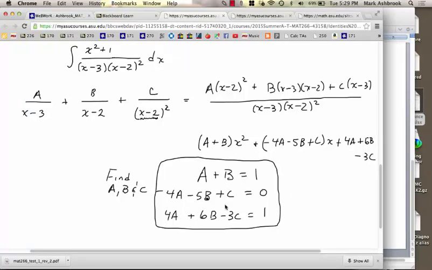But that's not great, because then you're left with one that has B and C, and one that has A and B. So instead, let's eliminate C from these two. Then we'll just have A and B, and we'll have this one that just has A and B. So we can multiply this one times 3 and add. That'll eliminate C, and we'll get an equation of A and B, and we can take it with this one and get our A and B.